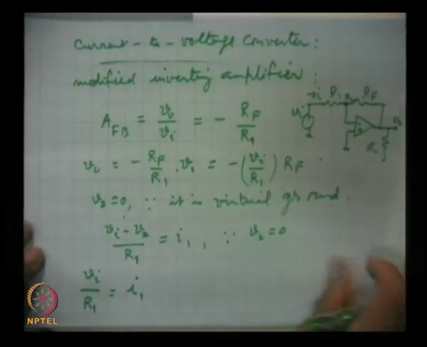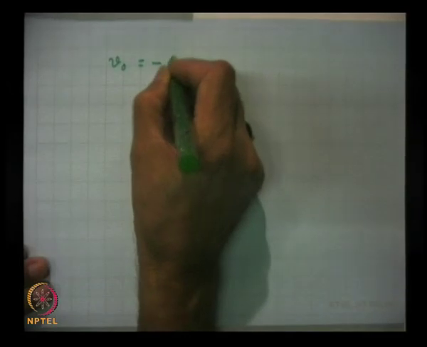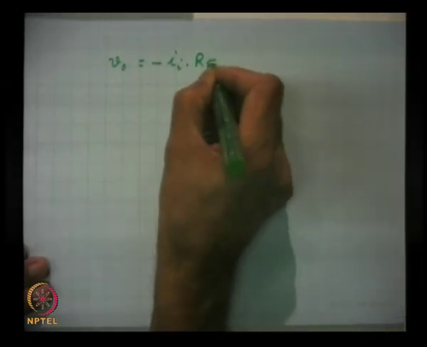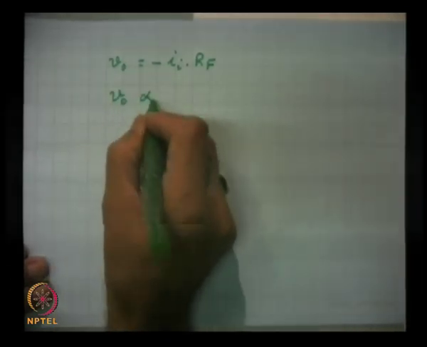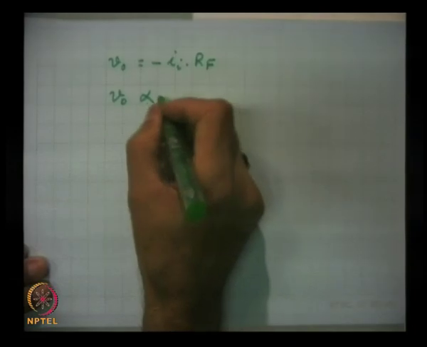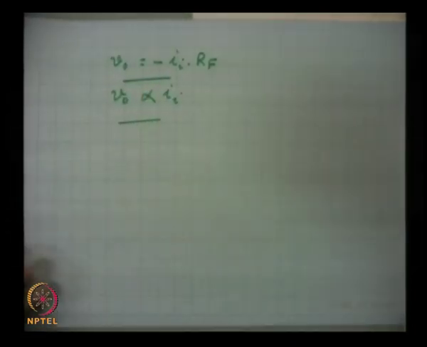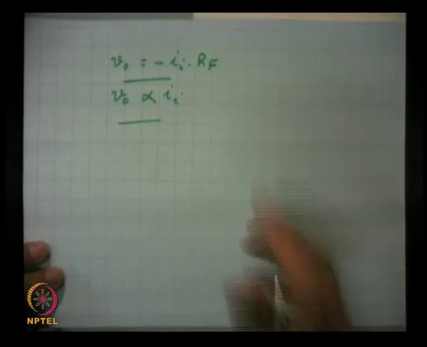So what are we getting? We are getting V out equal to minus I into RF, that is, output voltage is proportional to the current. This is what is expected out of a current to voltage converter.